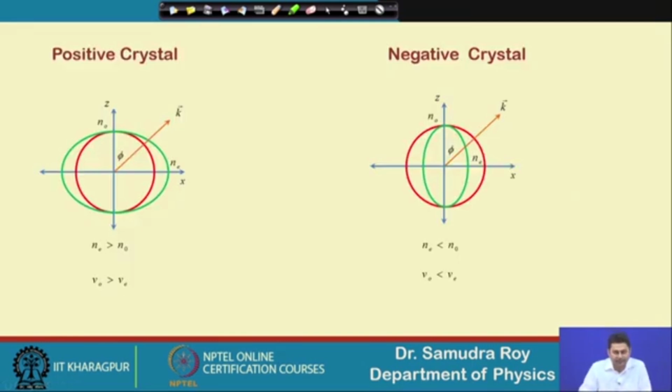So, go back to our next slide. Now, positive crystal and negative crystal. In the last slide I mentioned an important thing, that NO is not equal to NE.